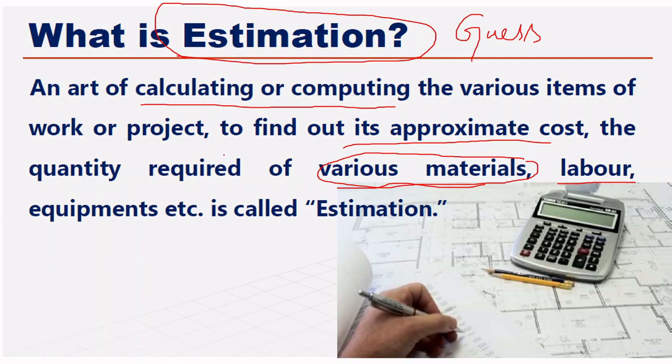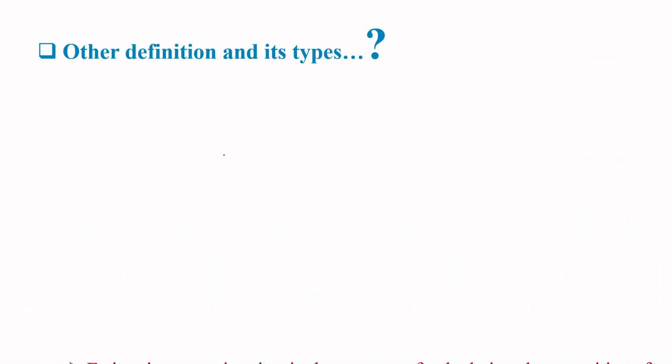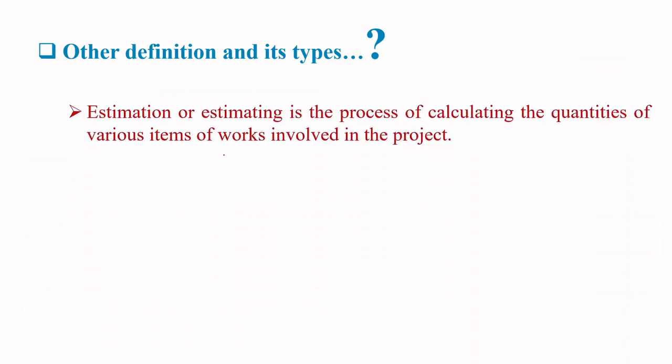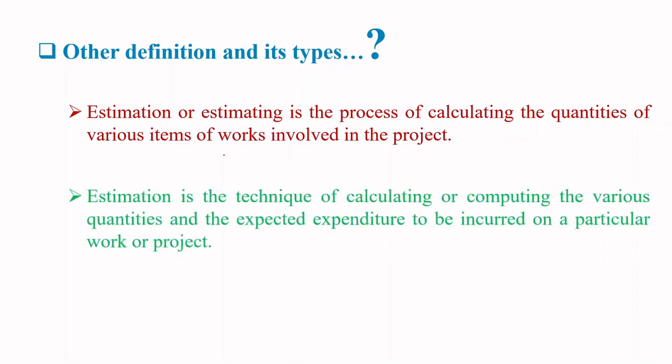There are other definitions also which I took from other textbooks. Estimation or estimating is the process of calculating the quantities of various items of work involved in the project. Any definition you take, you will get the same meaning. An estimation is a technique of calculating or computing.